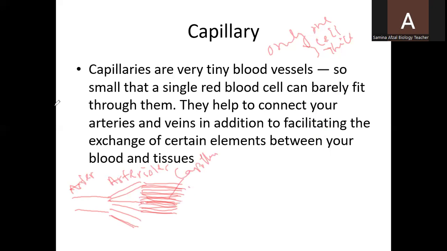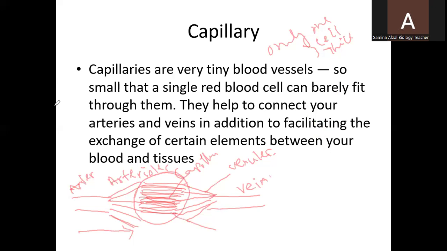And capillaries are joined together to make venules, and venules join together to make veins. So in this way, the blood flows in this direction. So capillaries are a very fine network where the exchange of gases takes place.